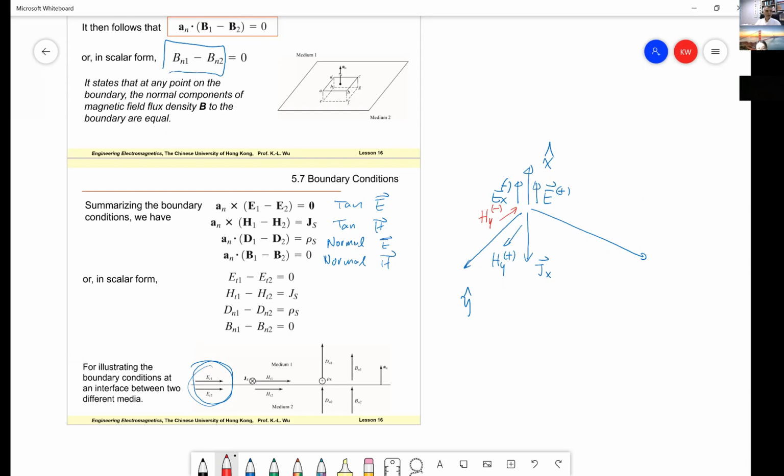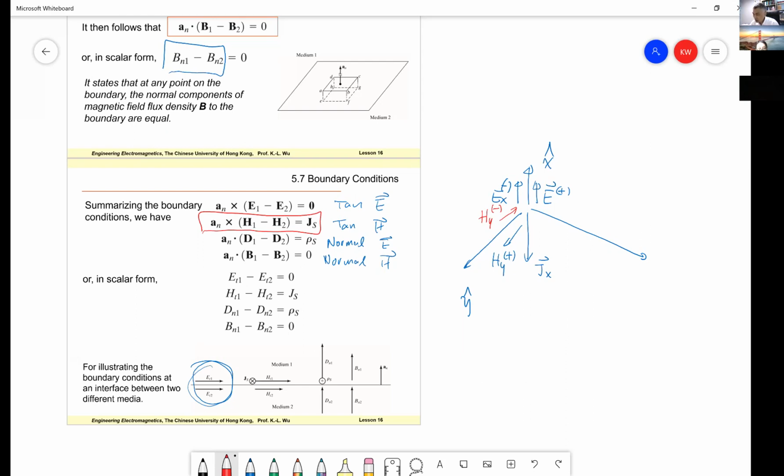Why must it change sign? Because we have to satisfy this boundary condition, and also everything is consistent. Following the pointing vector, E cross H points in the minus Z direction.